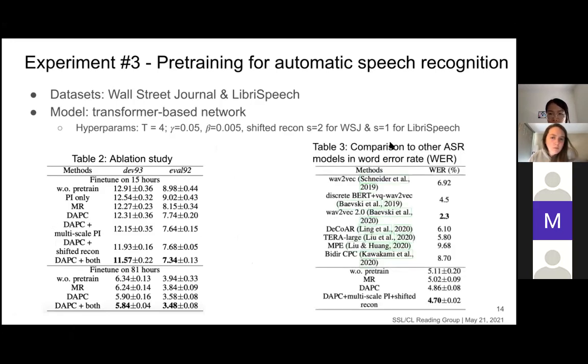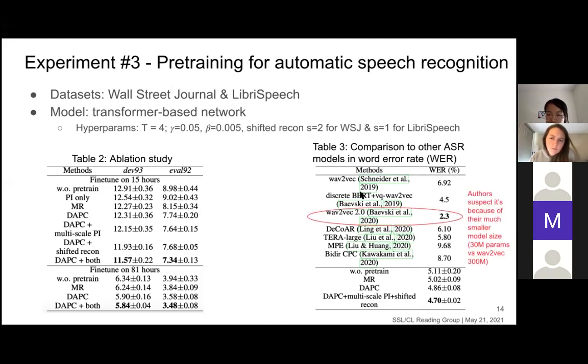All right, and compared to other automatic speech recognition models, DAPC reaches a pretty low word error rate. I think the only two models that perform better than DAPC are wave2vec version 2, as well as this discrete BERT plus wave2vec.